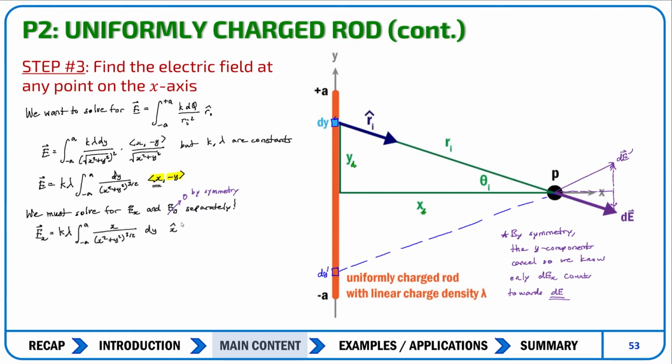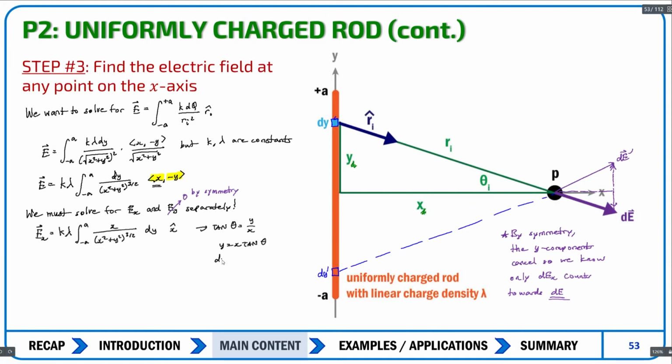But essentially, what you can do is use trig substitution and have tangent of theta is equal to y over x. And then you have y is equal to x tan theta.